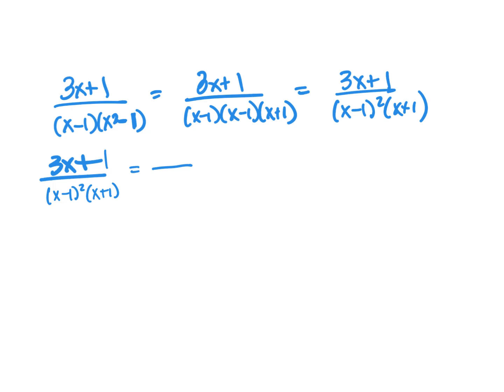One fraction will have x plus 1 as the denominator. But the way you're going to deal with the multiplicity is one fraction will have x minus 1 squared as the denominator, and then one fraction will just have x minus 1.